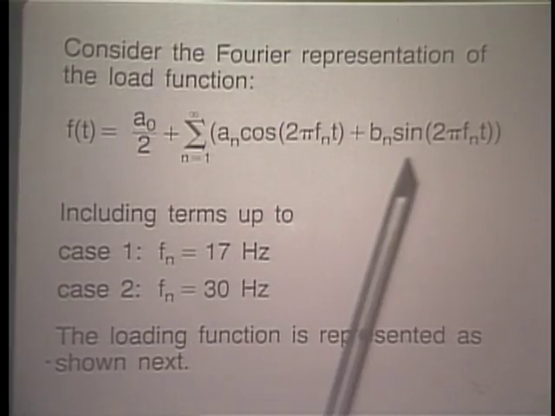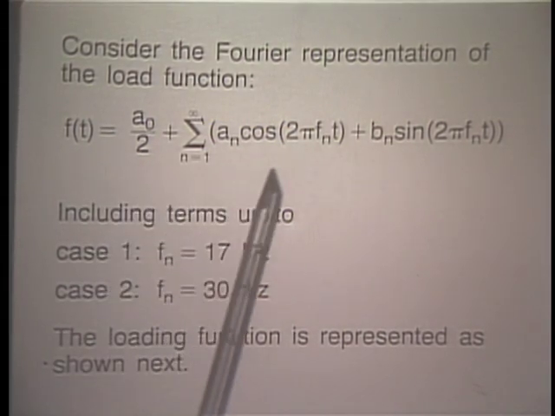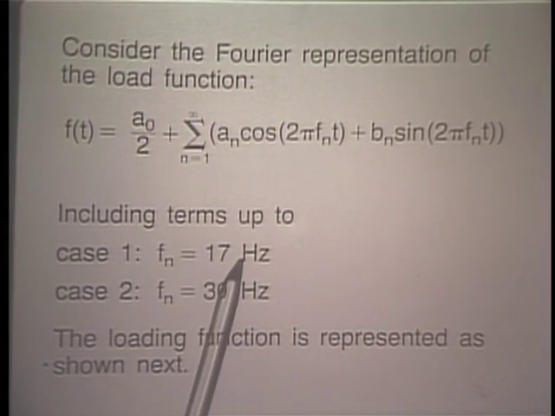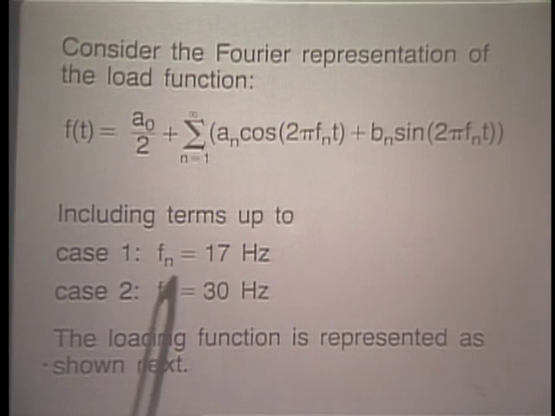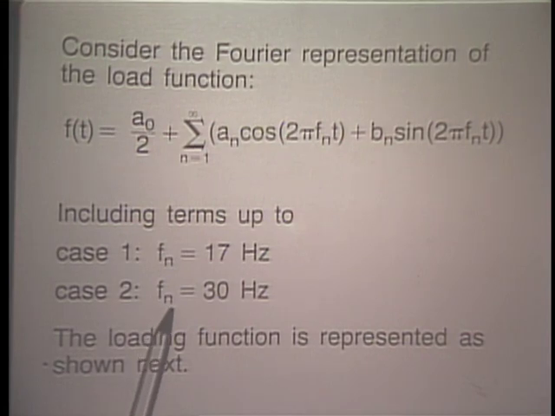Here, for this particular loading that we're looking at, we did a Fourier analysis, and you can see that with this Fourier analysis we include terms now in our first analysis in case 1 up to fn equal to 17 Hertz, and in case 2 in our second analysis up to fn equal to 30 Hertz.